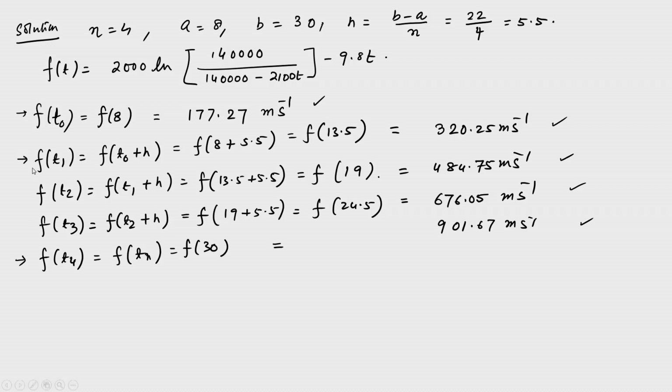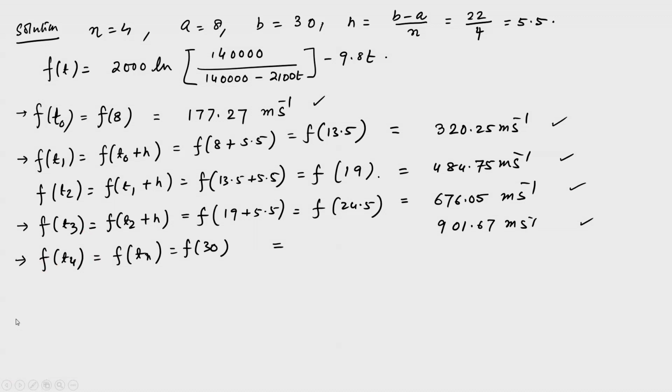So, there is one odd and one odd here, and they have to be multiplied by 4. This one is the second one, which is even, so it has to be multiplied by 2, and of course, as I said, the first and the last are left alone to fit into the formula.